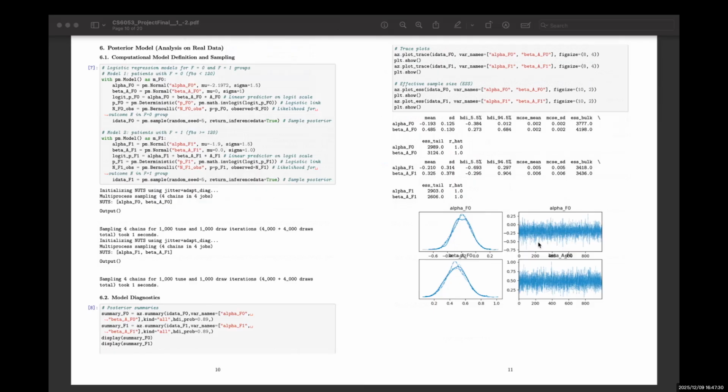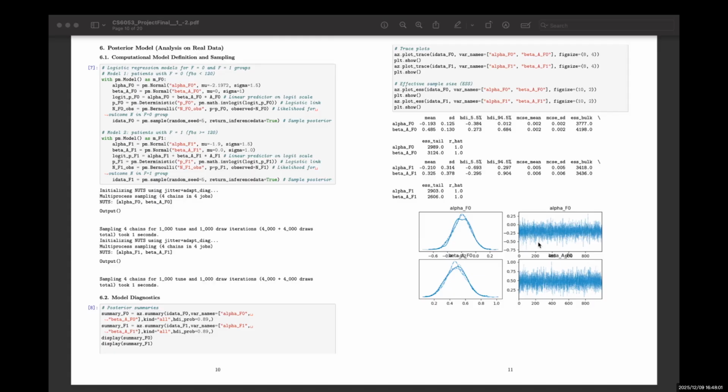Again, they are done with weakly informative normal priors on both the intercepts and the slopes. We use MCMC and then summarize the resulting posteriors. In both groups, age has a positive association with heart disease, but the effect in the elevated FBS group, which is f equals 1, is more uncertain. This reflects the smaller sample size in that group.